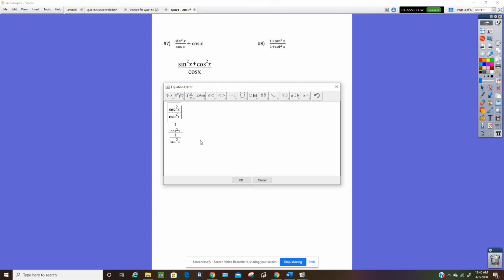Let me back this up a little bit. All right. And then the next step would be to multiply by the reciprocal here. So I'm going to make parentheses, 1 over cosine squared, times sine squared over 1.